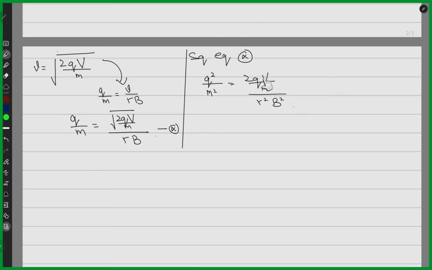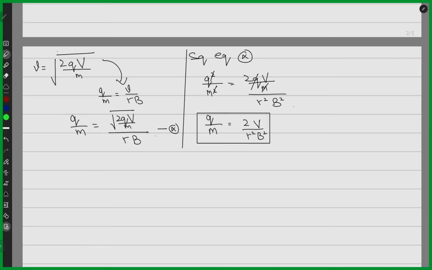Now you can see that this charge cancels with this one, this mass m cancels with one of these, and you're finally left with q over m is equal to 2V over r squared B squared. And this is the equation that we were looking for.